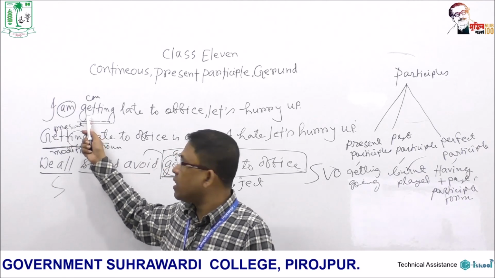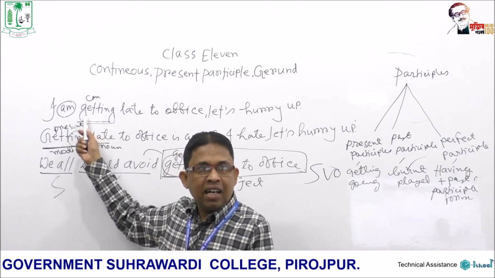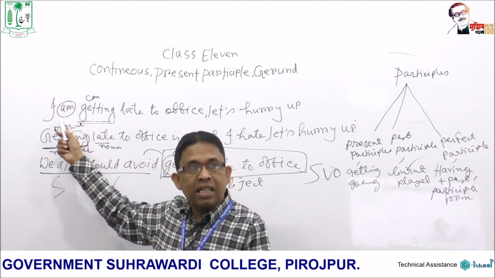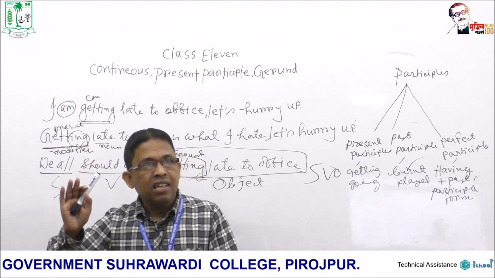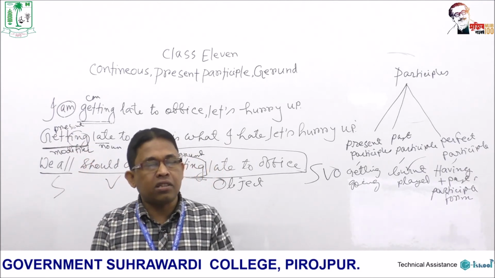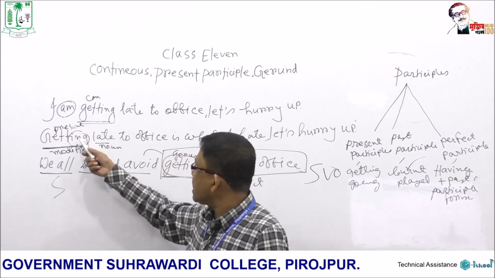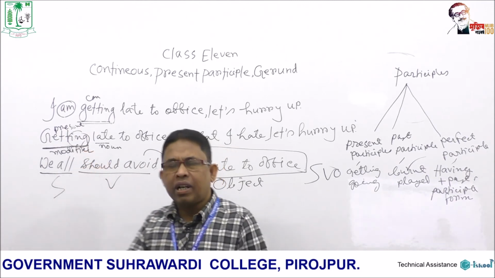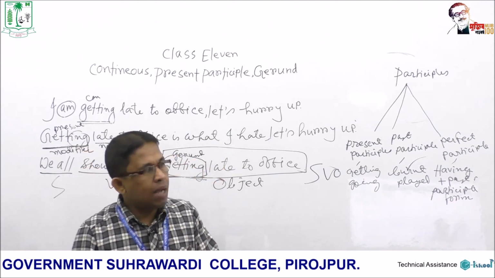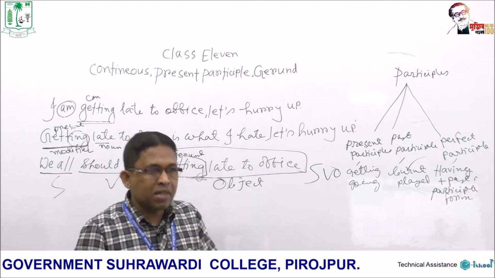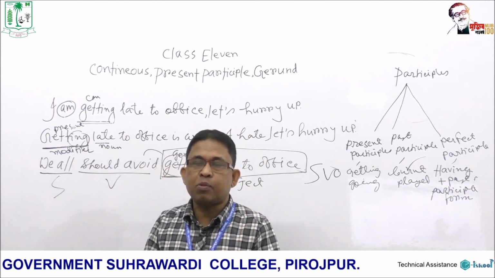Continuous only acts like a verb, is governed by any of the auxiliaries, and denotes an action in progress, whereas the present participle, or any participle, but I am especially talking here about the present participle, because only the present participle takes ing.